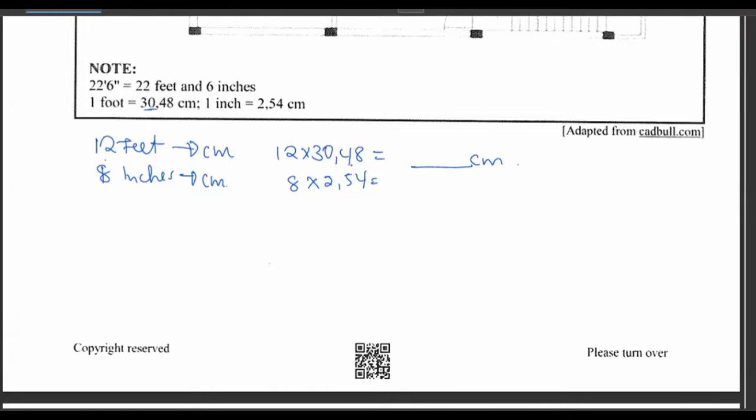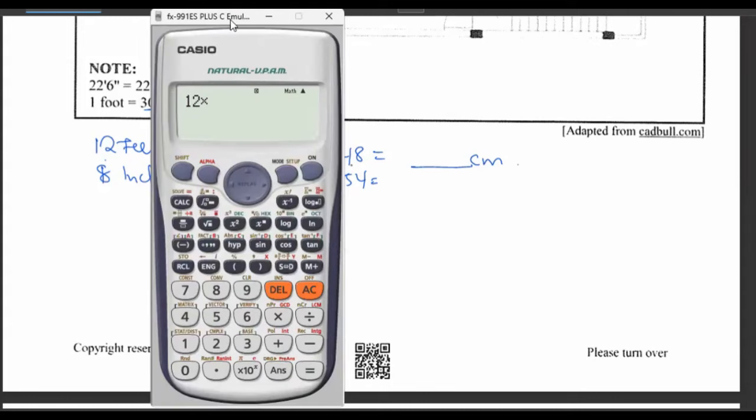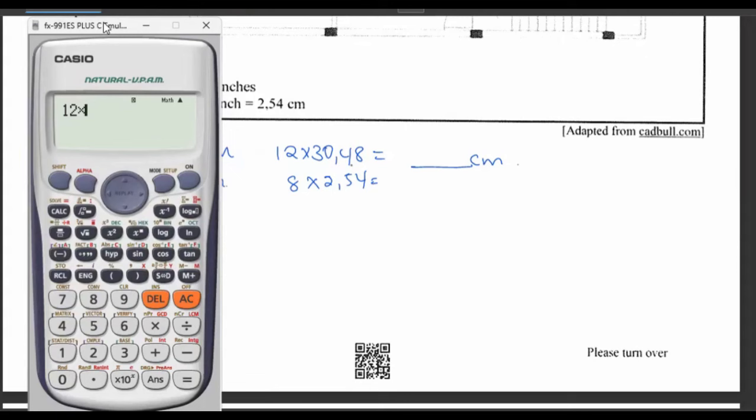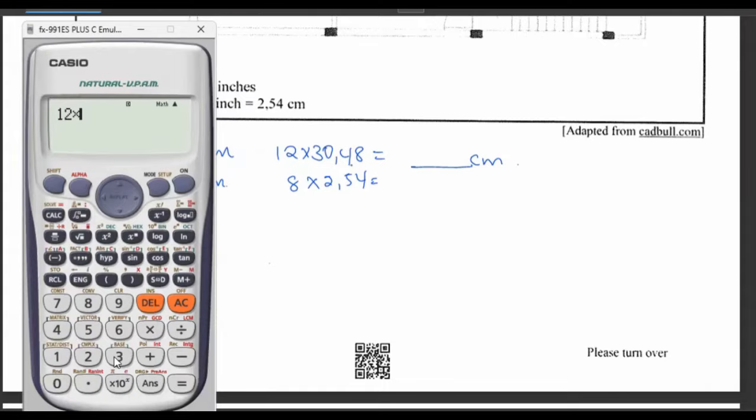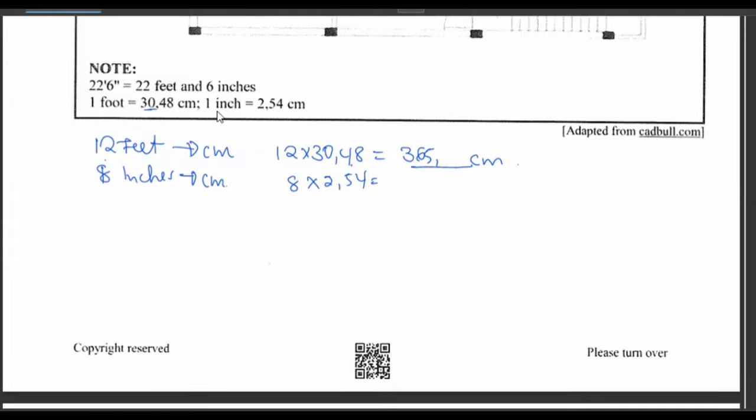Let's multiply. 12 times 30,48 equals 365,76. Those are the centimeters.